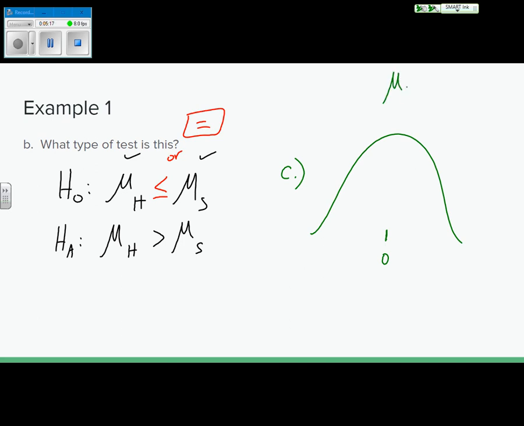If I take Hard Work University and the School of Hard Knocks, I would assume that if I subtract them, I get 0. But I didn't. If I take my two sample means, I guess I should have used means up here, I actually got 4 minus 3.5.